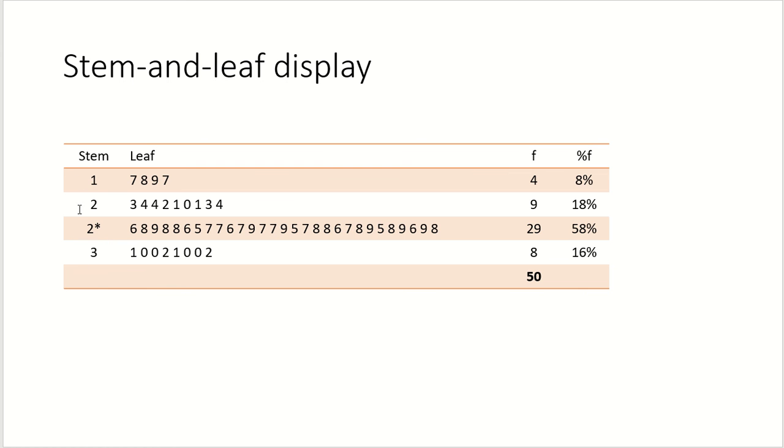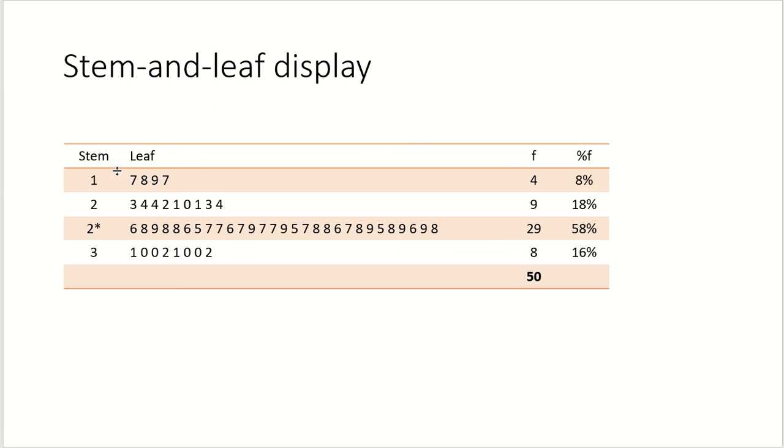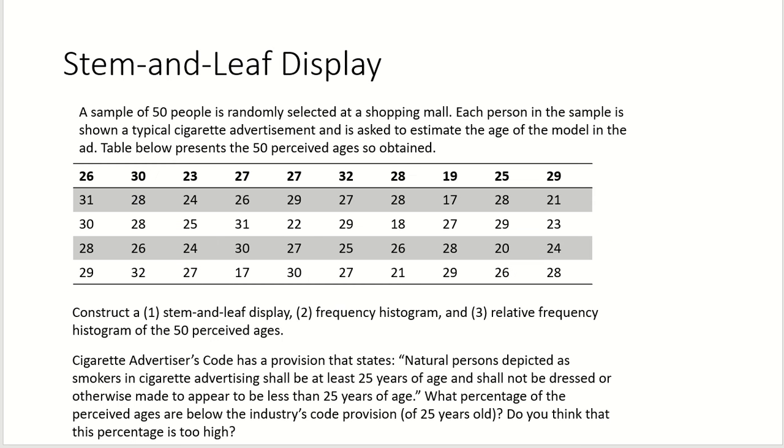So, ito yung tens, ito yung ones. Okay? So halimbawa, itong 17, ito yan. Okay? Yan yung 17. Okay? So, itali mo lang lahat hanggang sa matali mo na lahat ng 50.